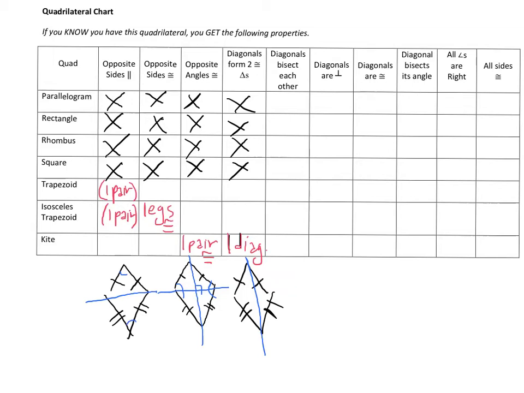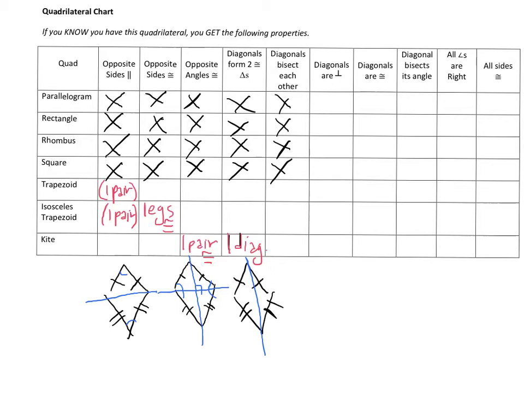I don't know, and that's why I said there was only one pair of opposite angles congruent, and why there's only one diagonal that forms those two congruent triangles. For diagonals bisect each other, once again, that's a property of a parallelogram. So I'm going to mark all four. For a trapezoid, we don't know that, and for a kite, once again, diagonals don't necessarily bisect each other.